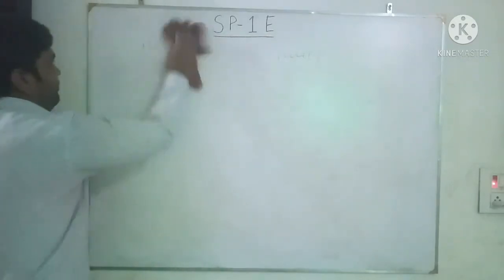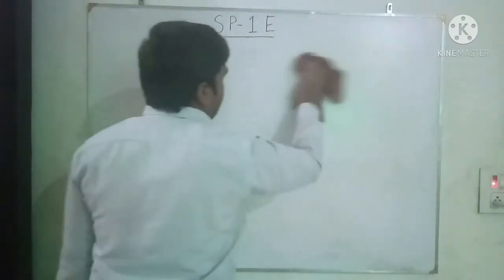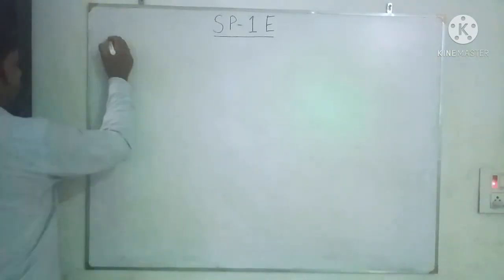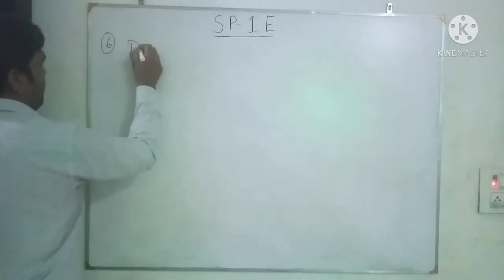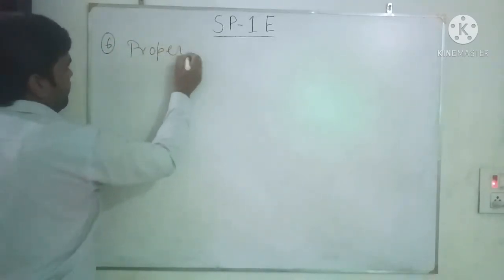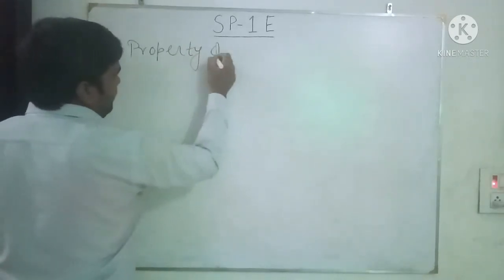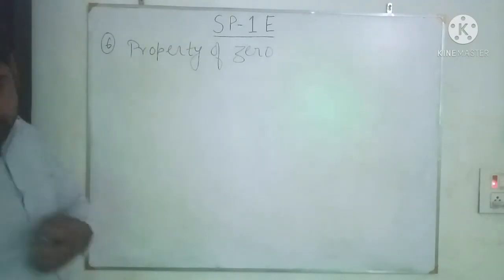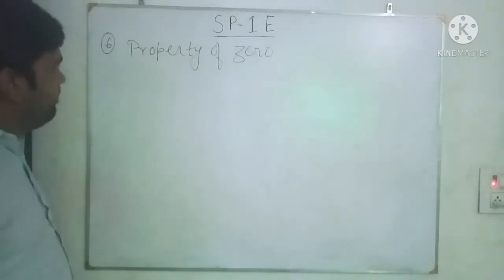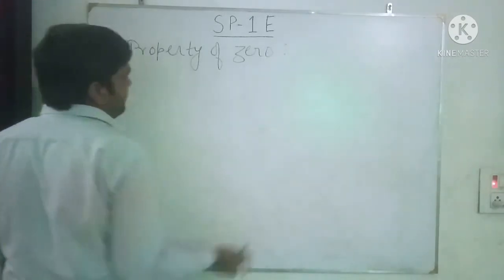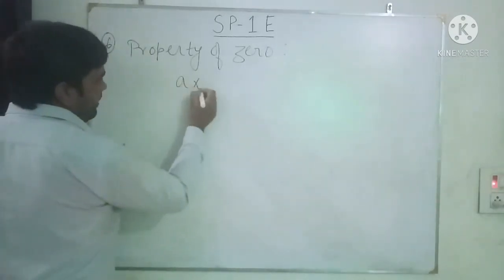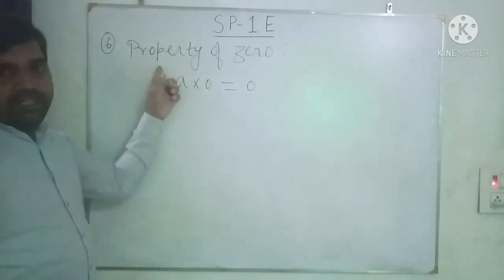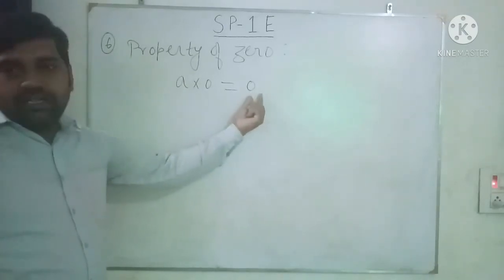Suppose a is any integer and you multiply it by 0, the product will be 0. Any integer multiplied by 0 gives the product 0.